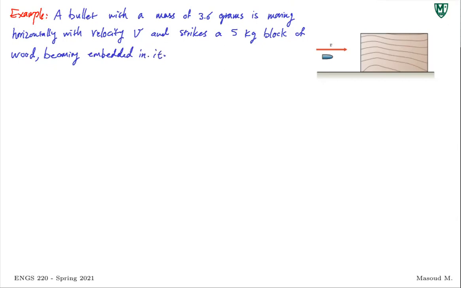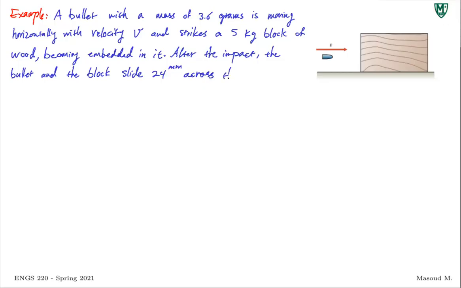So again, it's possible outcome one. After the impact, the bullet and the block slide 24 millimeters across the floor.